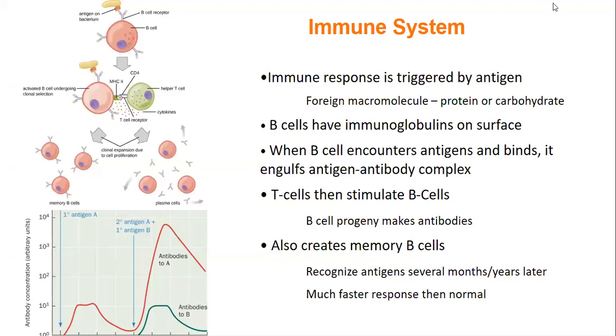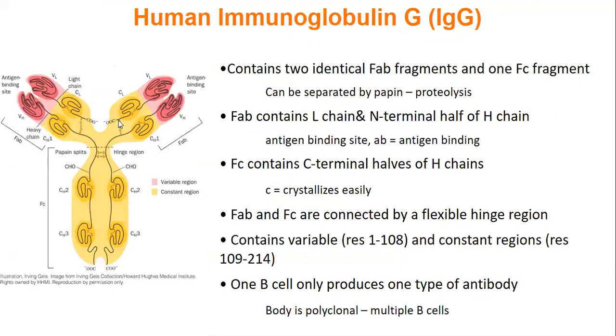So we were talking about the immune system, and we're talking about antibodies and all that good stuff, right? We talked about IgGs on Wednesday, and we talked about how we have a site that's variable and a site that's non-variable.